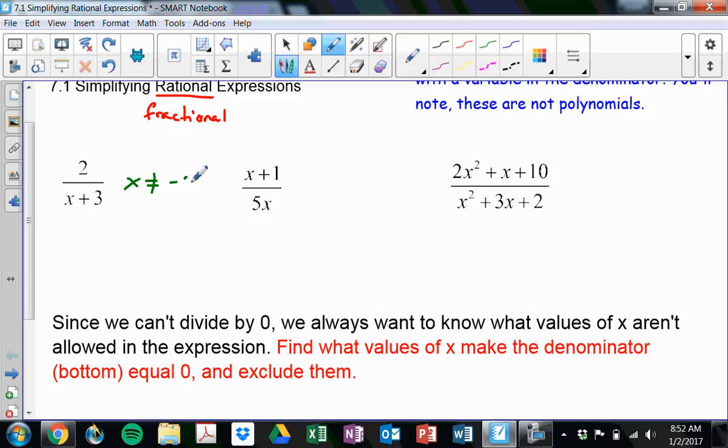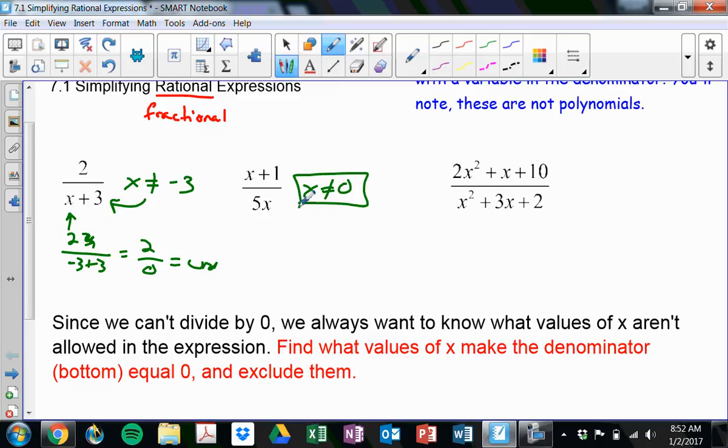In this first one, it's -3. If x became -3, we would have -3 plus 3, which is 0 on the bottom, and 2 over 0 is undefined. This should have been a 2. And it's not allowed. We can't divide by 0. So in this fraction here, x cannot be -3. And in this fraction here, x cannot be 0.